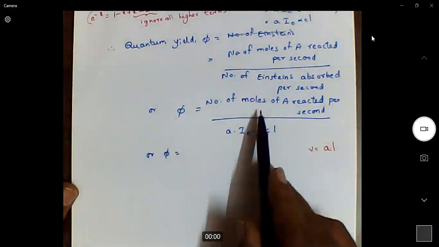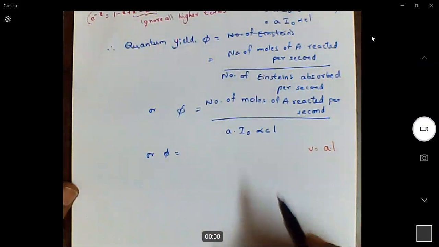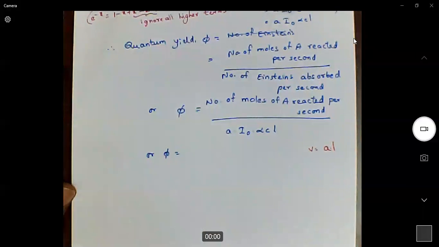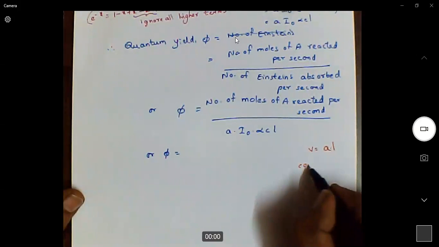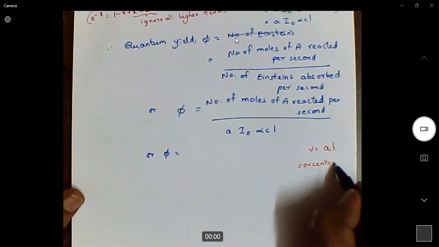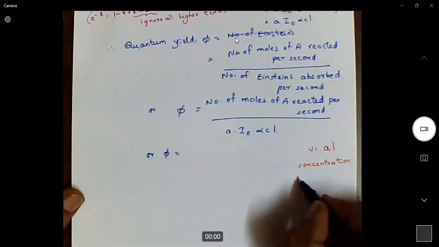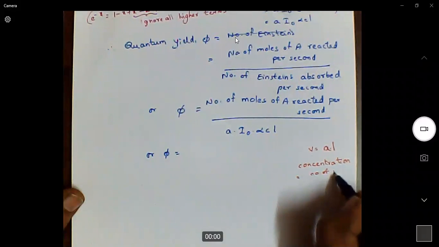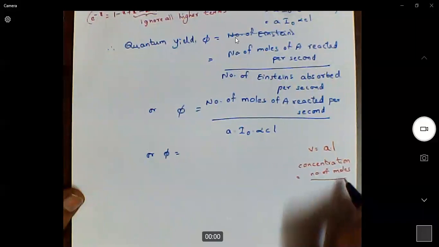Now the number of moles by volume. What is that? Nothing but concentration. Concentration is equal to number of moles by volume.